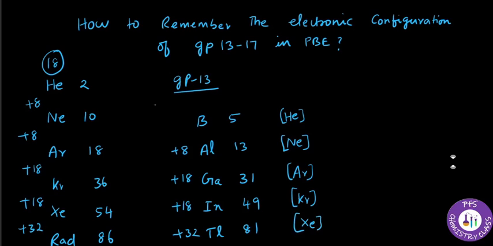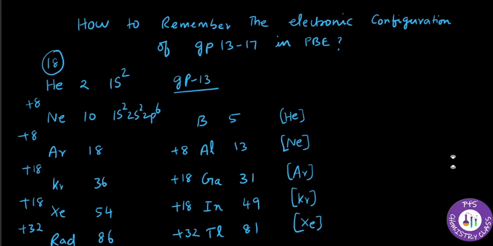Simple. Now you know for helium it is 1s2. Similarly for neon it will be 1s2, 2s2, 2p6. You don't have to remember this now. Now you can write it here.